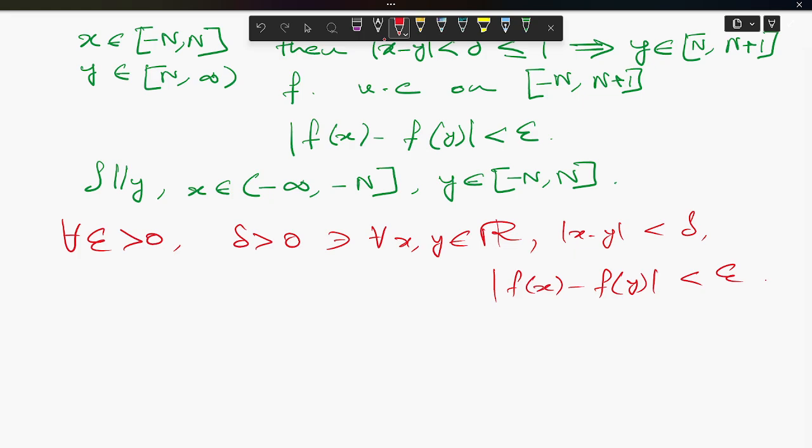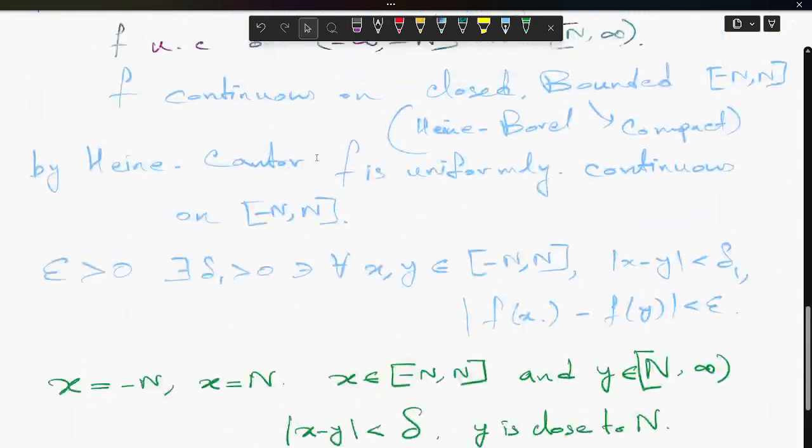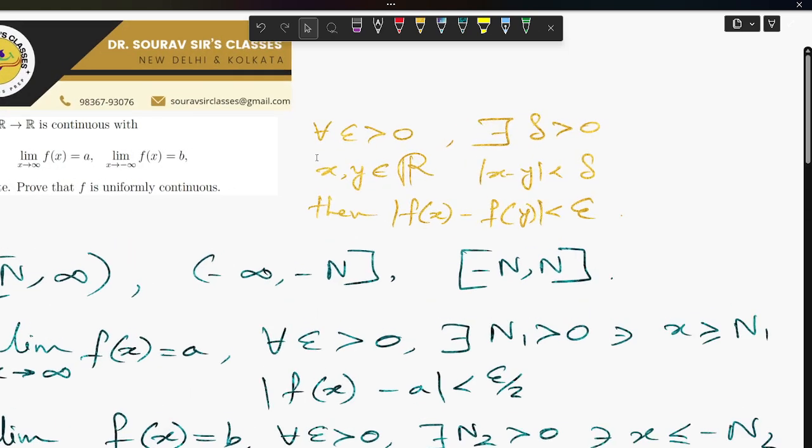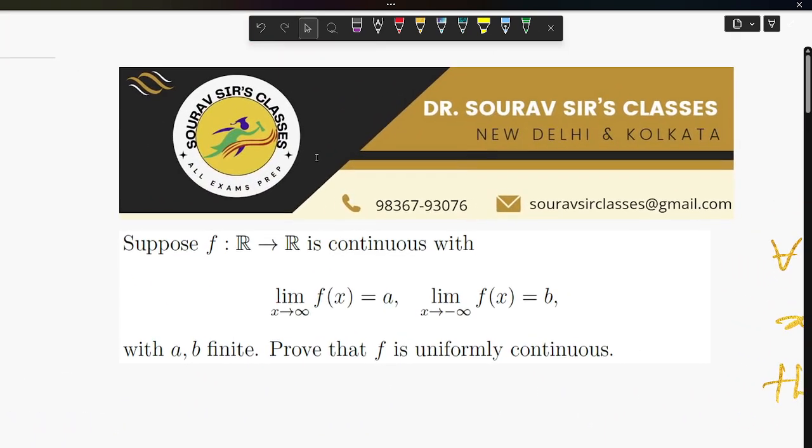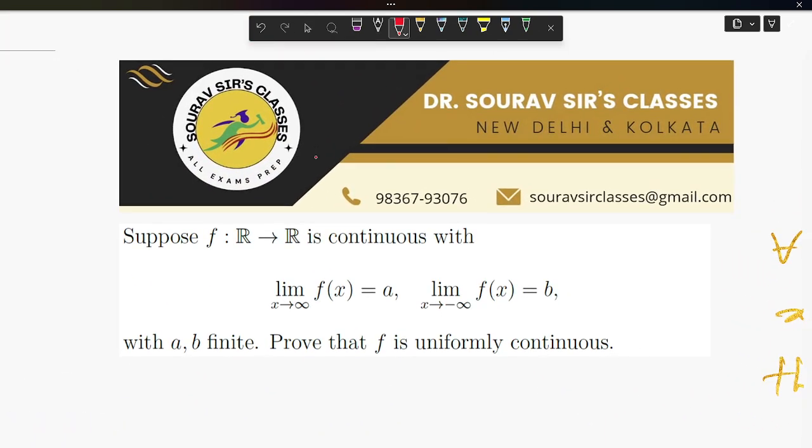So therefore our f is uniformly continuous on R. So we proved that our f is uniformly continuous on the whole of R, that means the set of the real numbers.